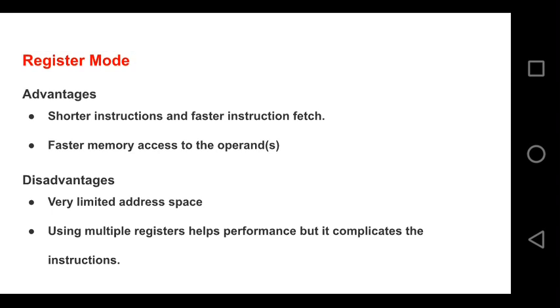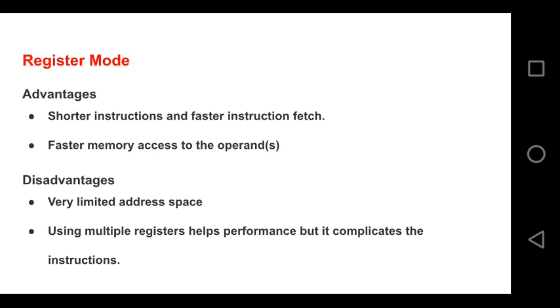And the disadvantage is very limited address space, because the number of registers in a CPU, in the control unit, is limited, so the address space would be very limited. And using multiple registers helps performance, but it complicates the instructions.